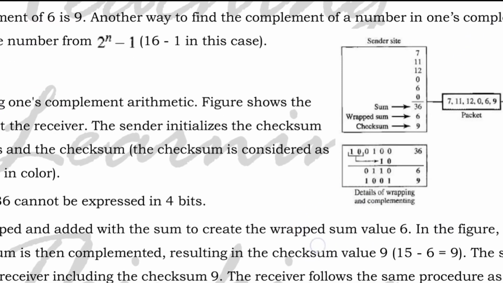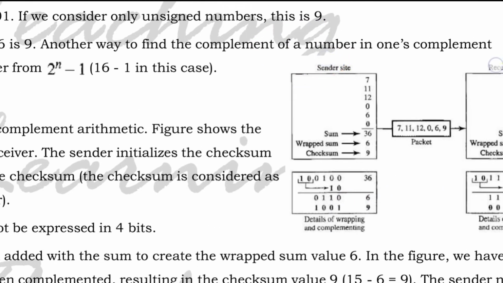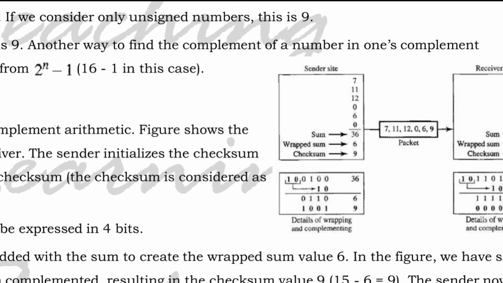So if you see the figure, there is a sender side and a receiver side, and the numbers are 7, 11, 12, 0, 6 and 0.